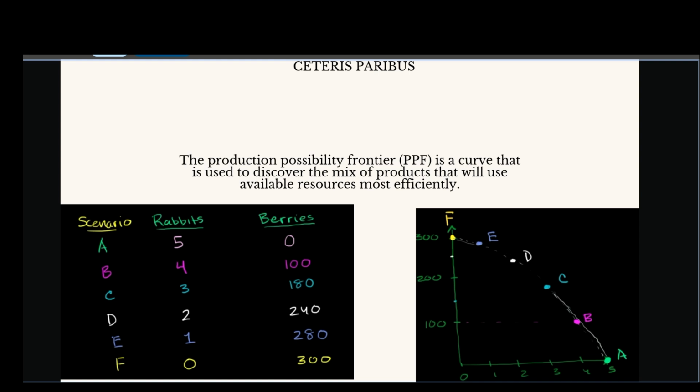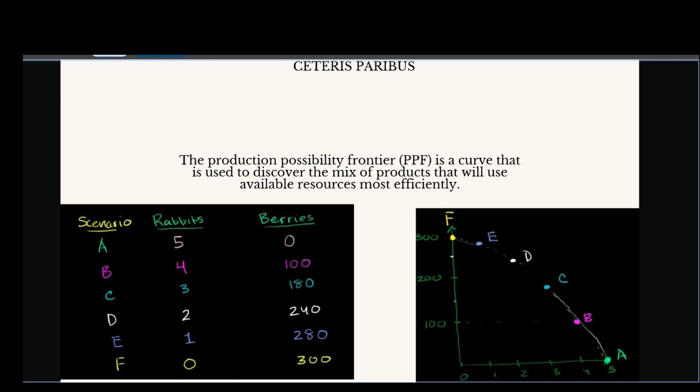And the technical term is opportunity cost. The opportunity cost of one rabbit in scenario E is 40 berries. The 40 berries we gave up to get one more rabbit is also called marginal cost. Marginal cost is the opportunity cost of acquiring 1 point of something, anything, one rabbit in this case.